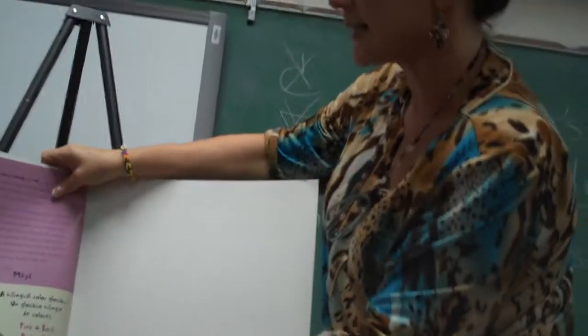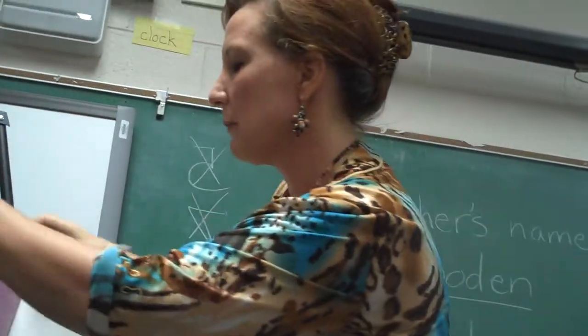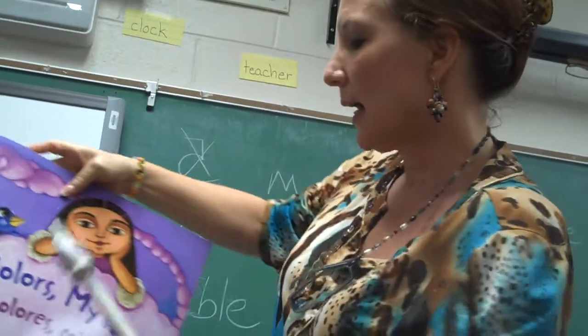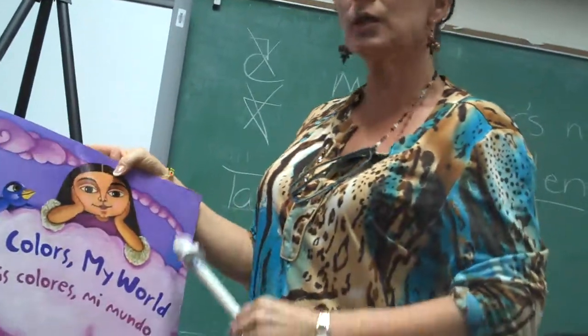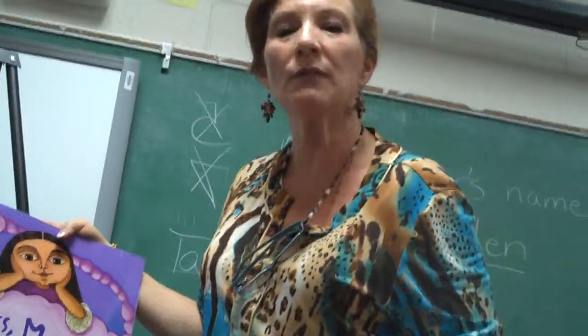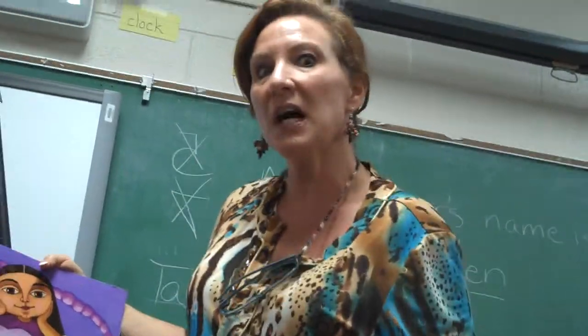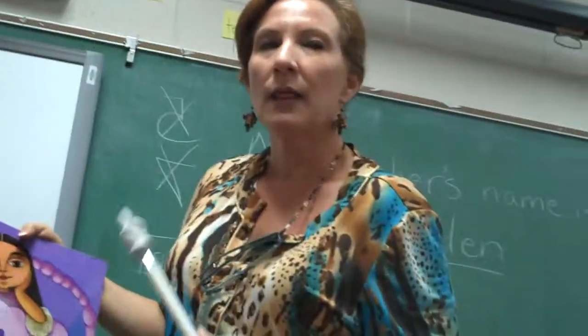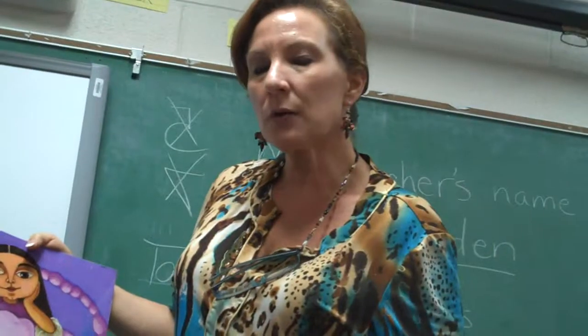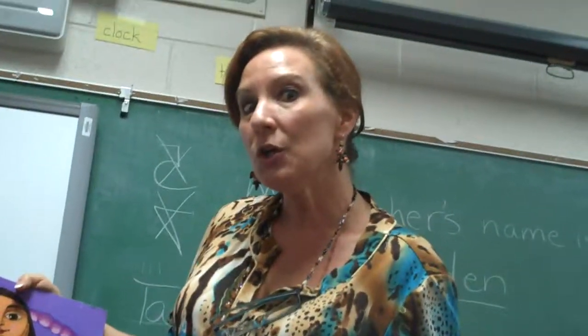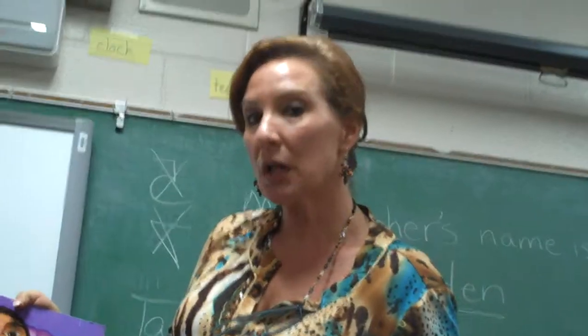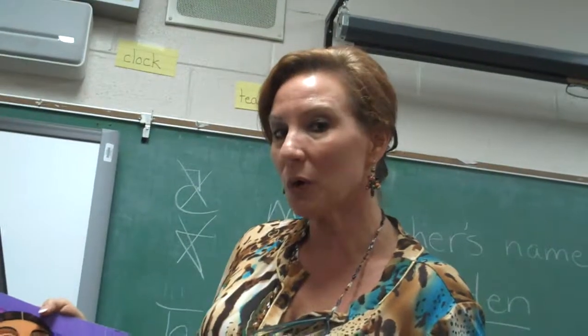So this book was written by Maya Cristina Gonzalez. Okay, and we'll talk more about it in a little bit. But this little girl is looking at all of the things around her world to see the different colors. Think about all of the different colors in her world, and then you think about the colors in your world.